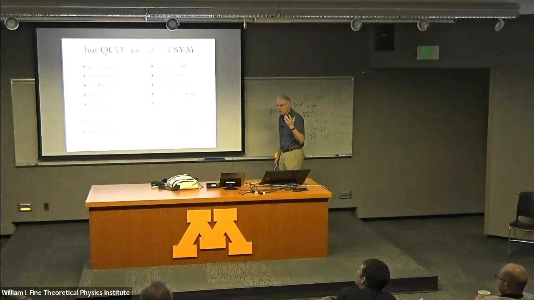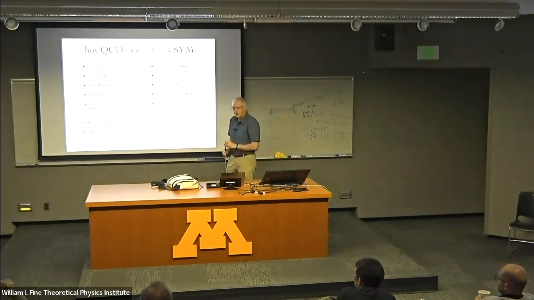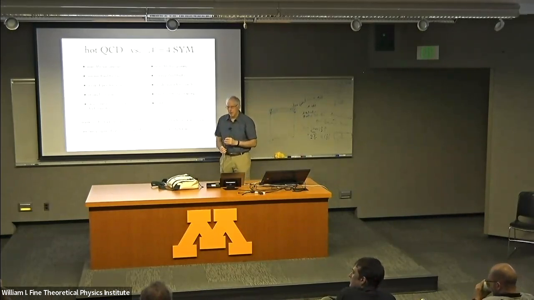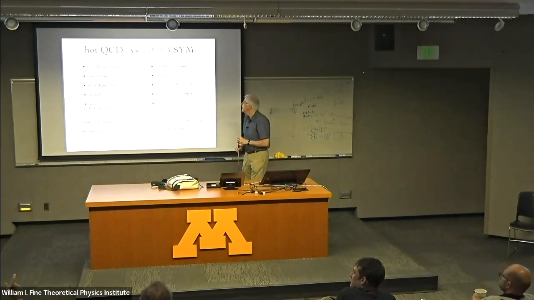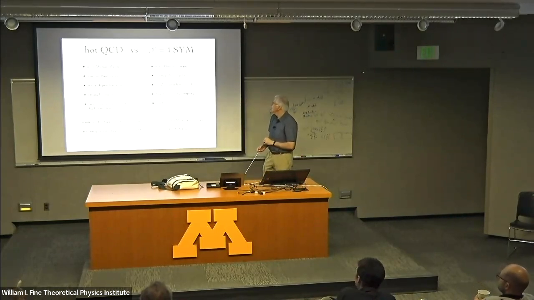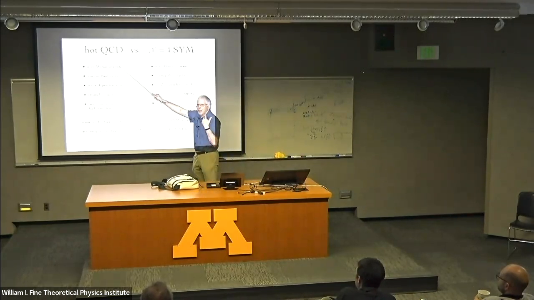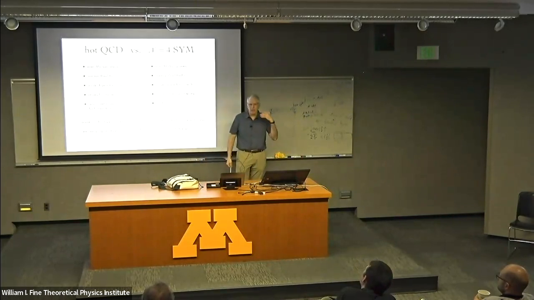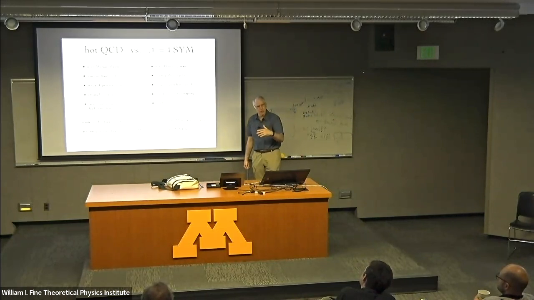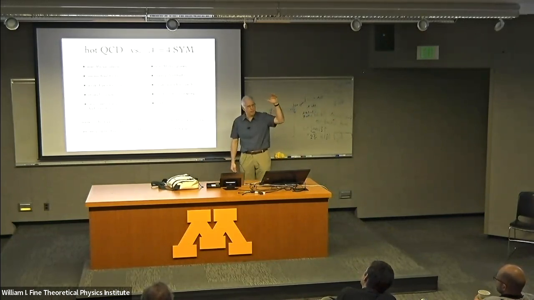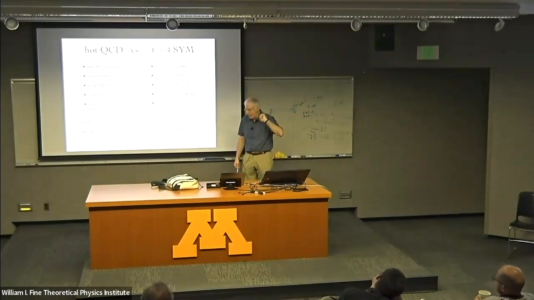So we cheat. When you speak of hot QCD, hot QCD is separate: N equals 4 is not hot, right? It's zero temperature. So here by hot, I mean hot enough in QCD to be above the crossover, which is not really a deconfinement transition, but it's a well-defined crossover where the entropy density grows dramatically.